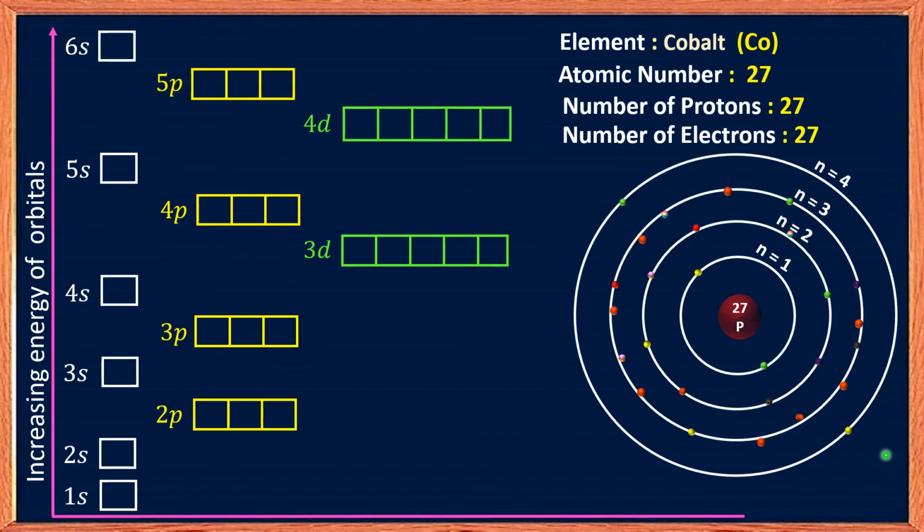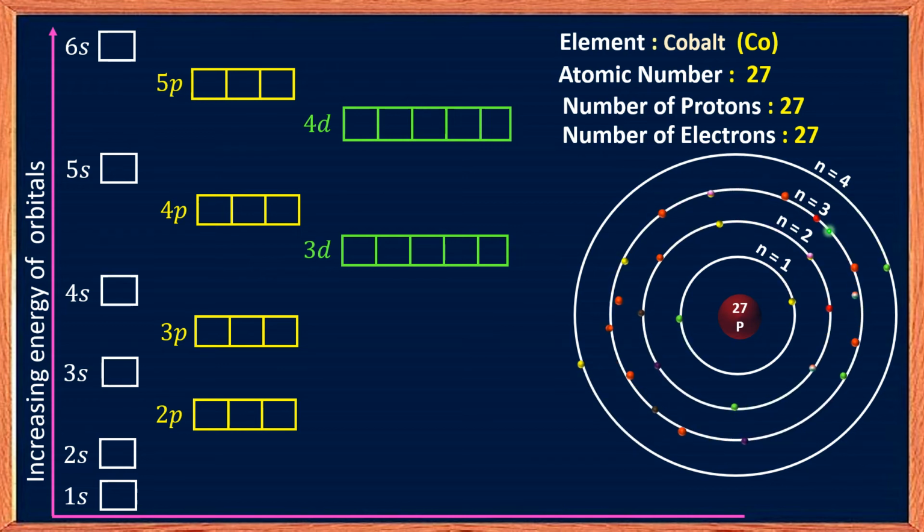Okay, so 2 electrons are there in the first orbit, 8 electrons in the second orbit, 15 electrons are revolving in the third orbit, and 2 electrons are revolving in the fourth orbit. So totally 27 electrons are there.